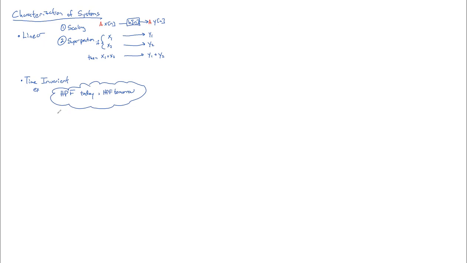Another example, a little bit more rigorous, is that h of n does not change. Holy cow, what would it mean if it did change? It would mean that h of n is not only a function of n, your independent variable, but also a function of n1, the particular time that you are using it.